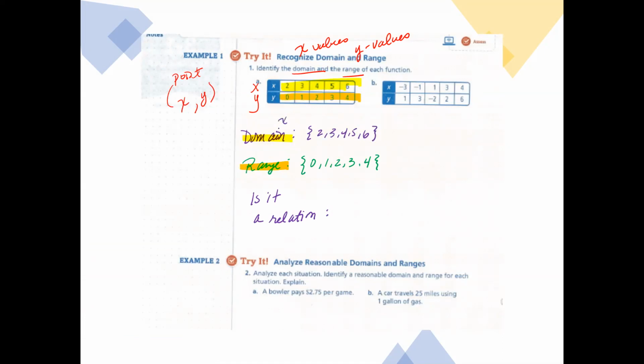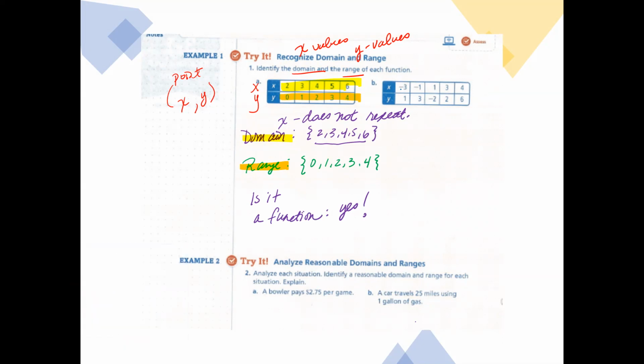If you take a look over here, you have 2, 3, 4, 5, 6. None of those values repeat. I'm sorry, is it a function? Not a relation, a function. It is a function if the x value does not repeat, so yes.